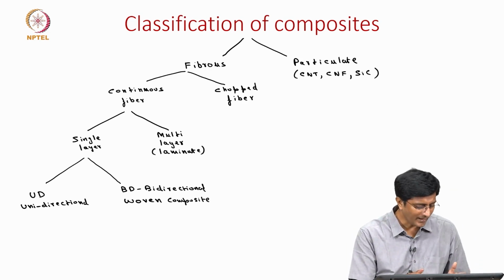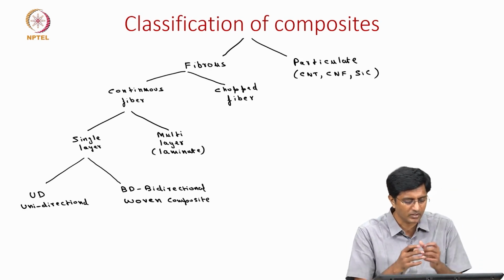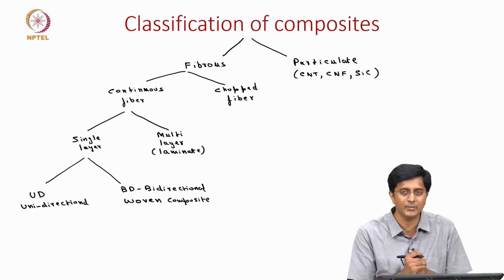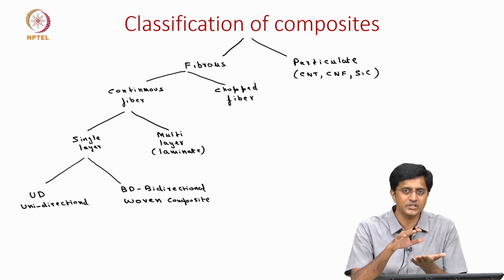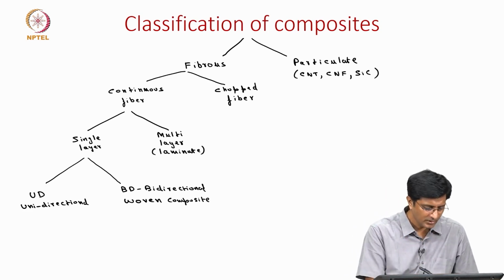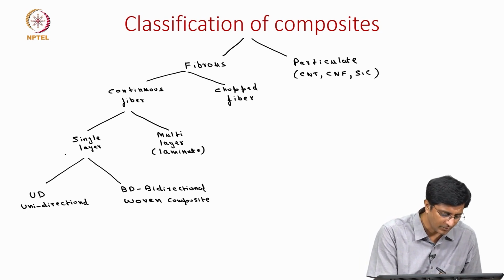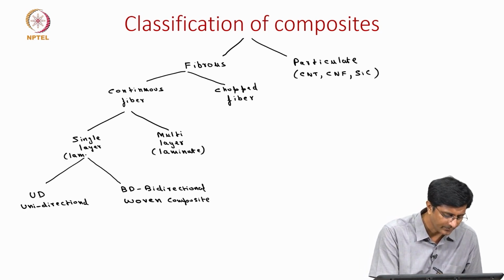When we take these unidirectional or bidirectional composites, we can then go into multi-layer laminates, where we stack up these individual layers. Individual layers, as we said previously, can also be called lamina or ply.